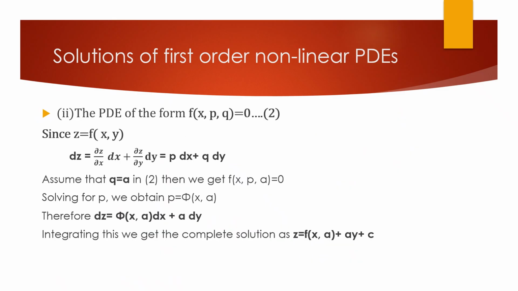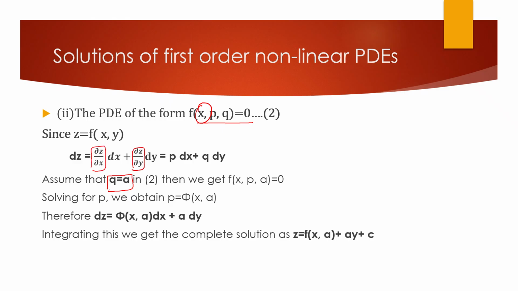Suppose we have the second form of PDE, like function of x comma p comma q is equal to 0. In the first form we had z; in place of z, if we have x along with p and q, here we assume that q is a. Since z is a function of x and y, we can write the total differential dz as dou z by dou x into dx plus dou z by dou y into dy, which means p dx plus q dy.